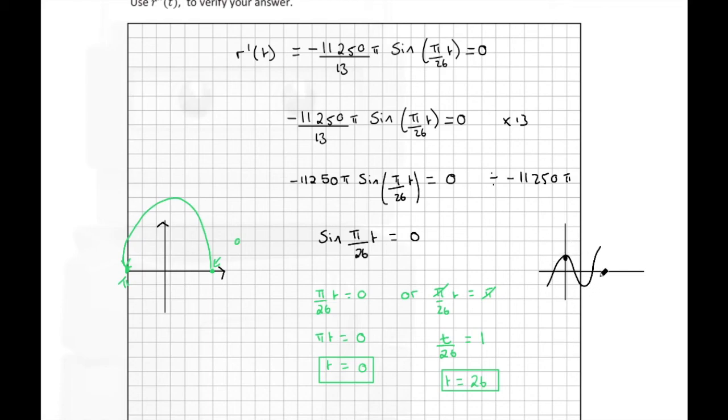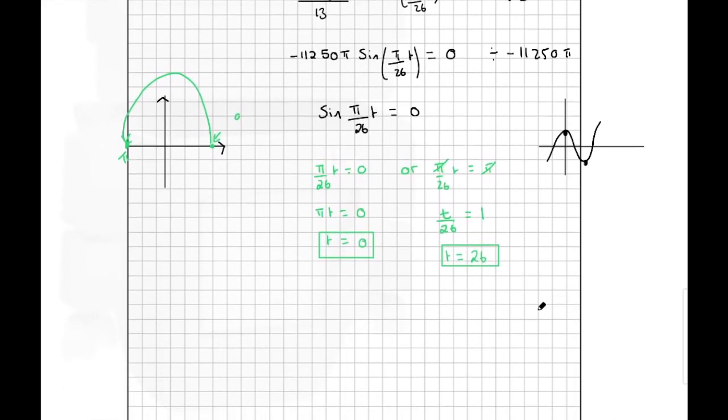So that's what we need to be thinking about as well, connecting all of these ideas, especially in section B of the paper. So now we need to confirm that the one that we think is a minimum. I would predict that the 26 weeks is the minimum, because we know that cos usually should start with the maximum. So what we can do is get the second derivative.